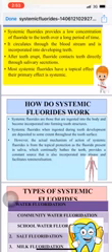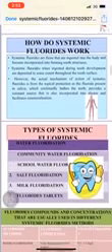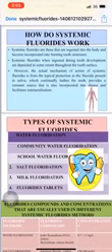How do systemic fluoride work? Now we talk about how systemic fluoride work. Systemic fluoride are those that are ingested into the body and become incorporated into forming tooth structure. Systemic fluorides, when ingested during tooth development, are deposited to some extent through the tooth surface.